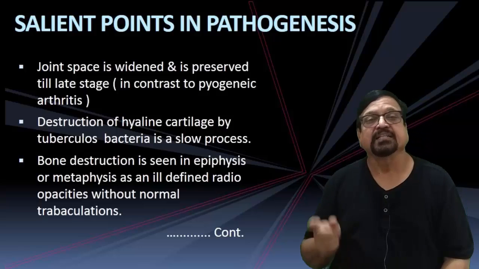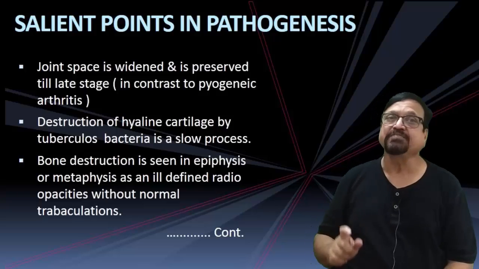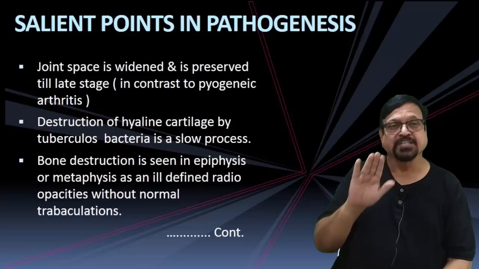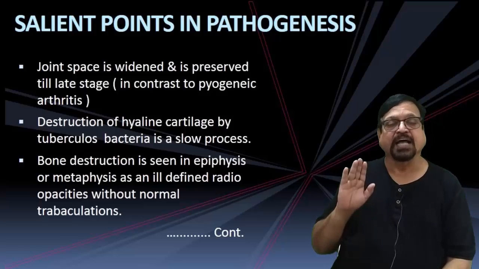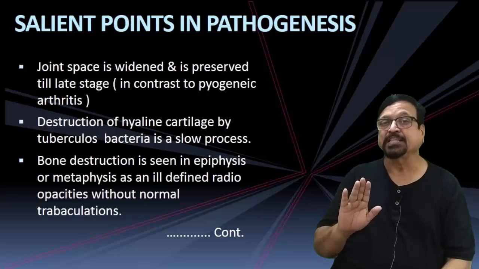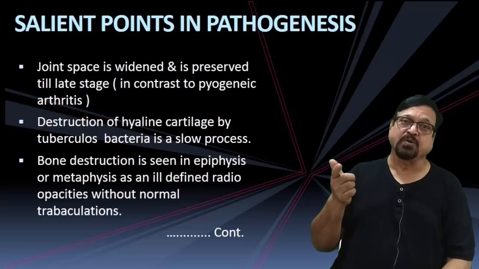After the X-ray is taken and we go for interpretation, what we see first is the joint space. Joint space widened, preserved, narrowed. As long as the joint space is normal, we will have to think of some other pathologies also. Then again we go back to the history, whether it is short term or long term.